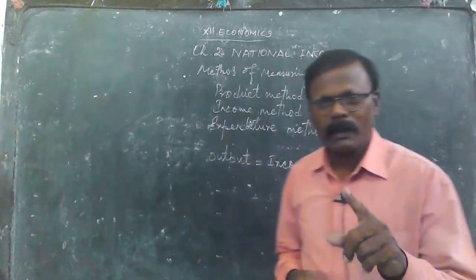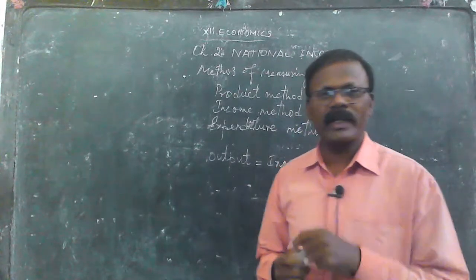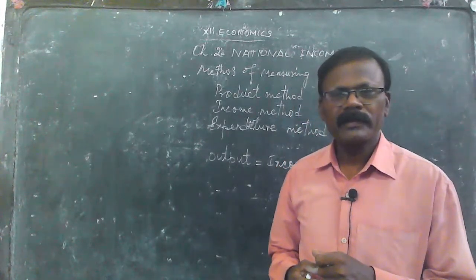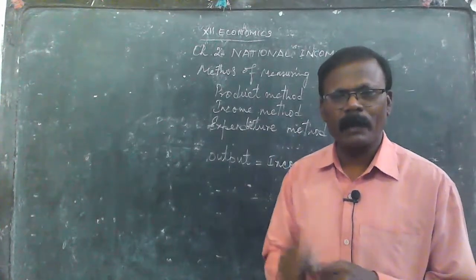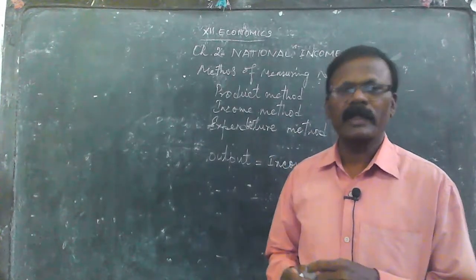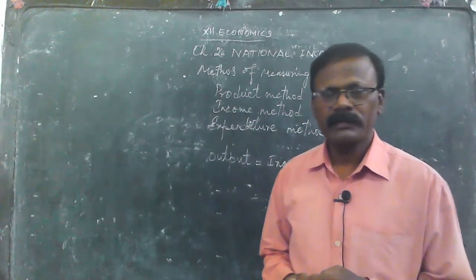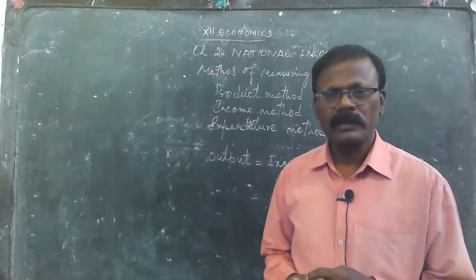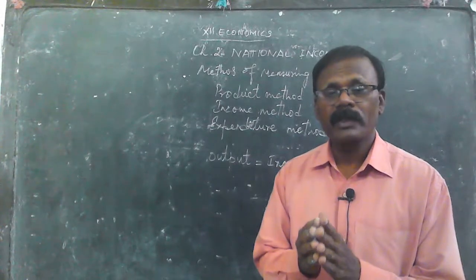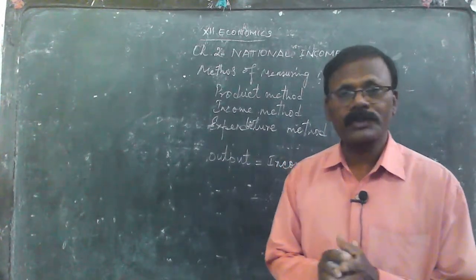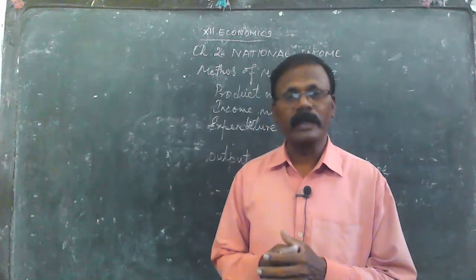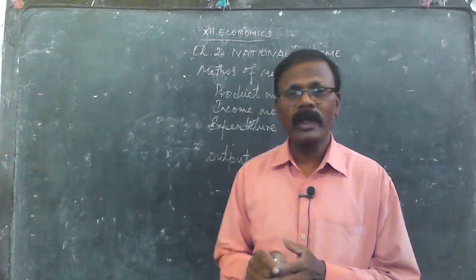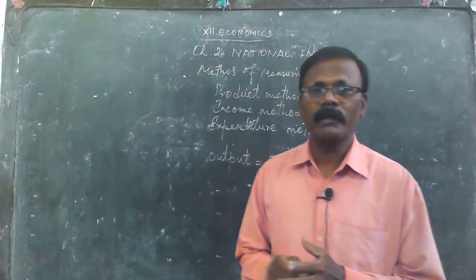Net factor income from abroad is not included in GDP, whereas it is included in GNP. So GNP means the total flow of goods and services produced in a country during a year, including net factor income from abroad.